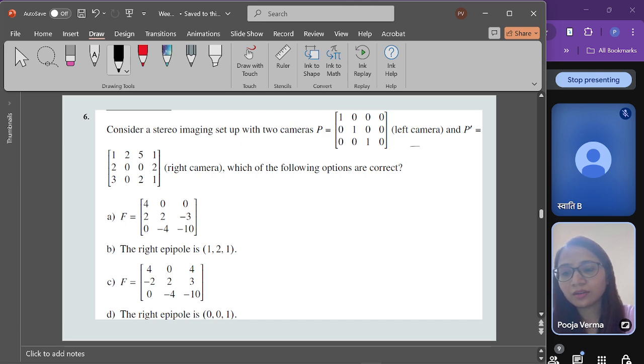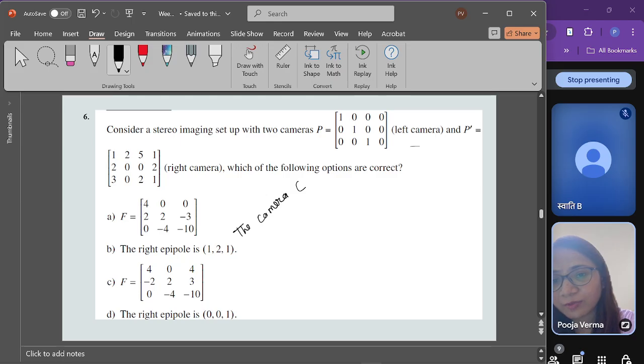Can anyone of you let me know how we can calculate it? Already we know that to calculate an epipole or something, we need to get the camera center, right?